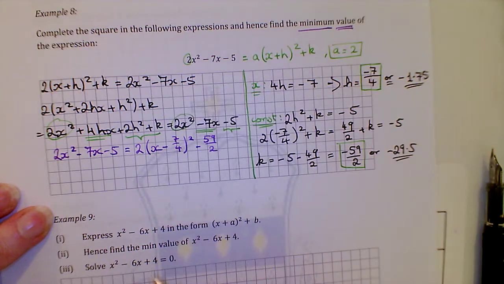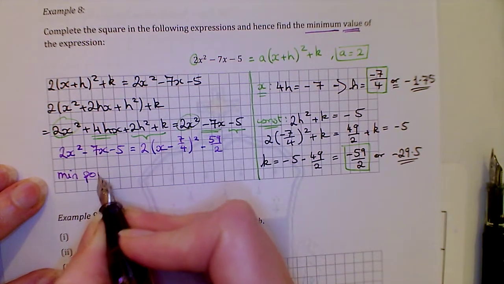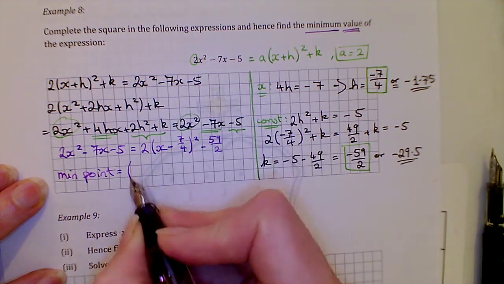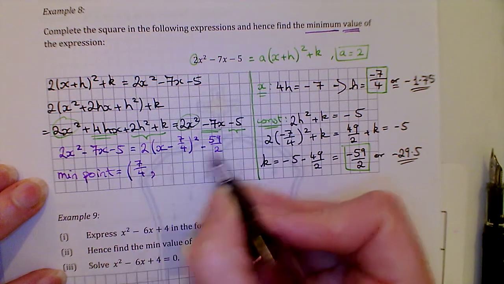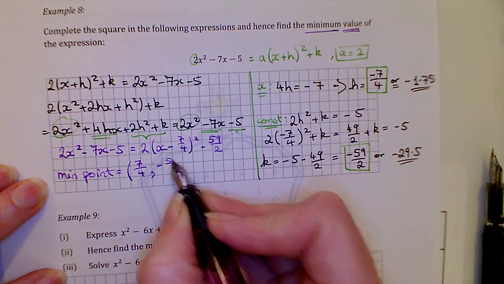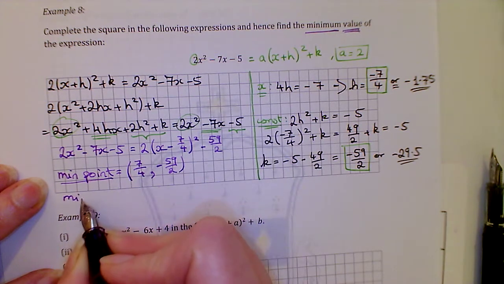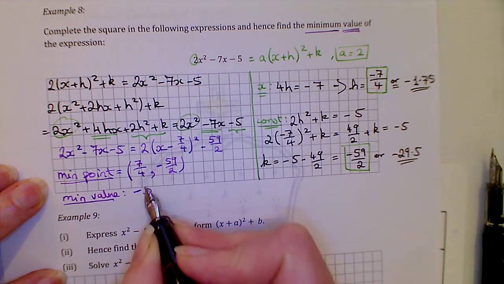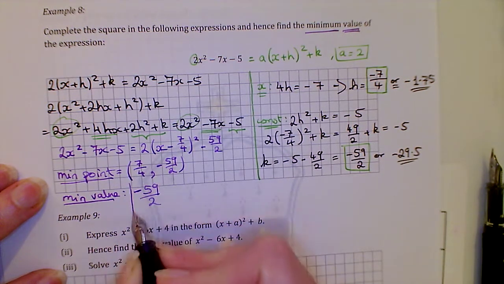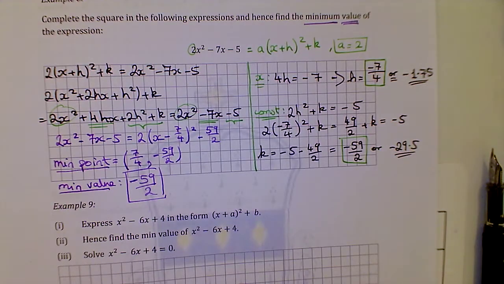They didn't want the minimum point. Let's write it down anyway. So my minimum point will be, change the sign of this, 7 over 4, comma, don't change the sign of this, minus 59 over 2. And my minimum value is just this value here, minus 59 over 2, or minus 29.5 if you prefer.